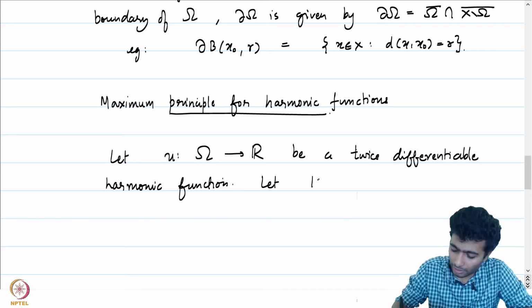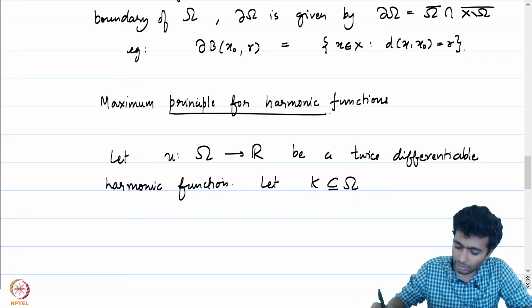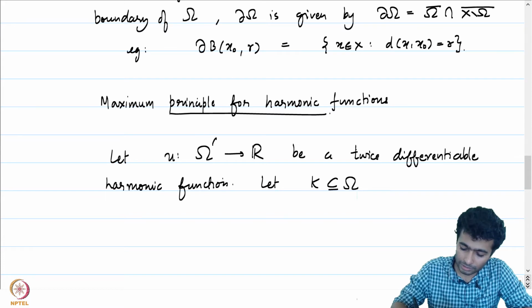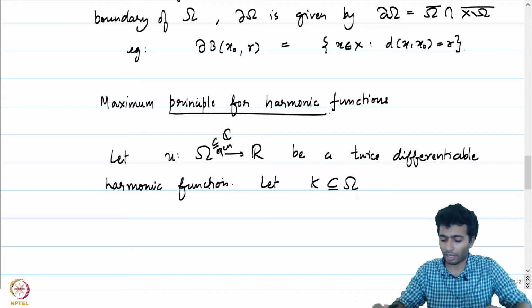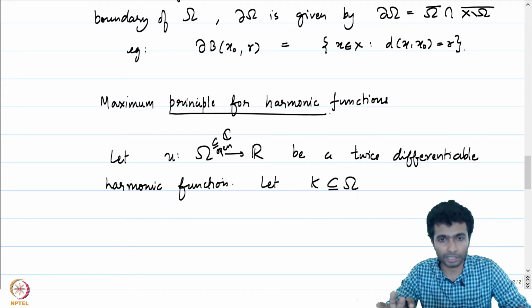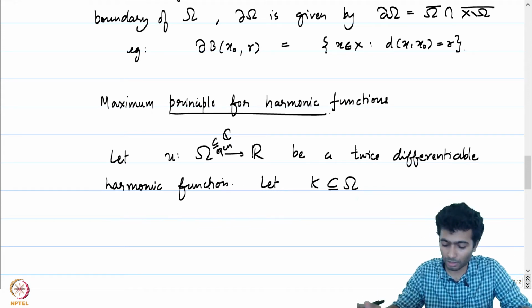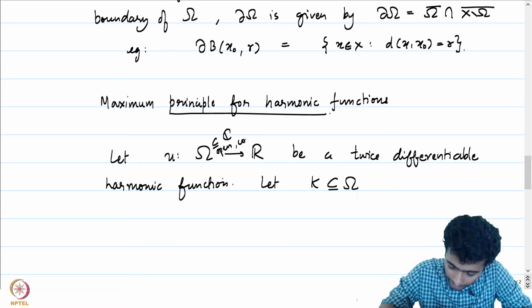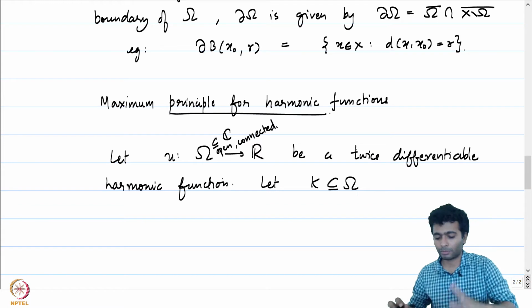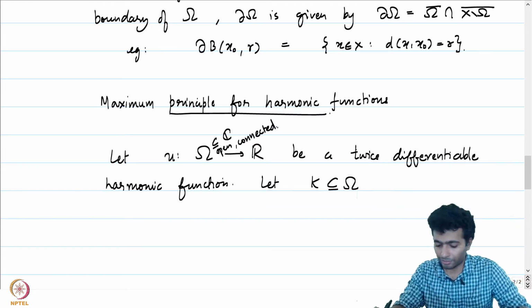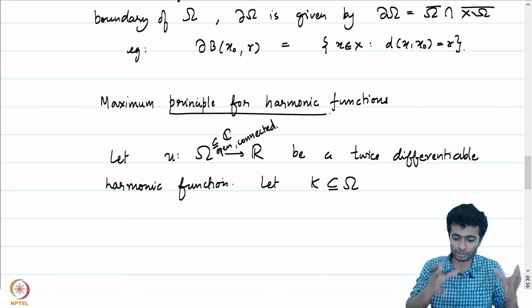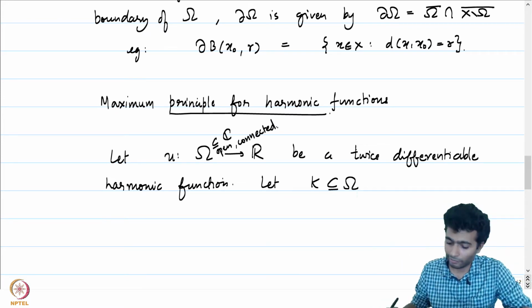Let K be contained in omega, so this omega is an open subset of C. I generally don't write it, but this is always the case. Omega is open, let me just put open connected. For the purpose of this proof, I don't think that is needed, but let's put that condition because we are anyway going to study all these things in connected components.